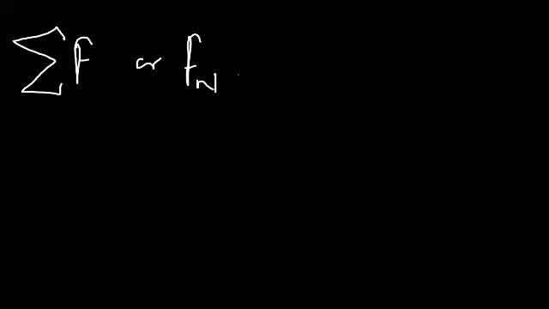Now you need to know what we call the net force. We denote the net force with either summation of F or F sub n, and it's typically the sum of all the electric forces that are applied on a particular charge. Now, how can we find this net electric force?